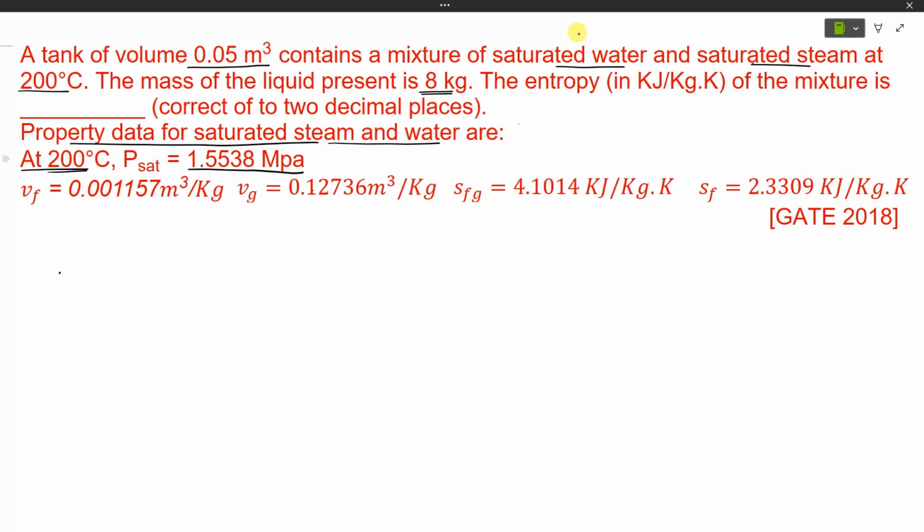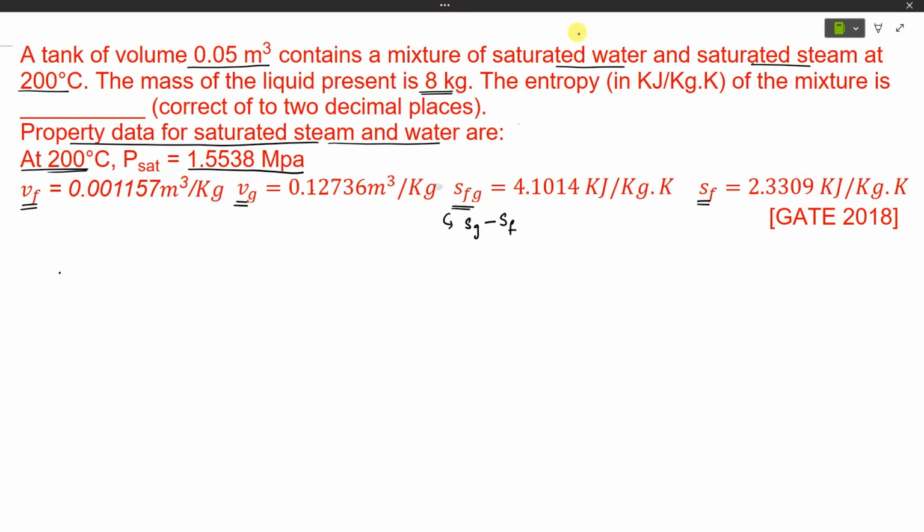Other data given are Vf, that is specific volume of liquid, Vg, specific volume of vapor, SFG, this is the difference between the specific entropy of vapor and the specific entropy of liquid, and SF, so this is the specific entropy of liquid.